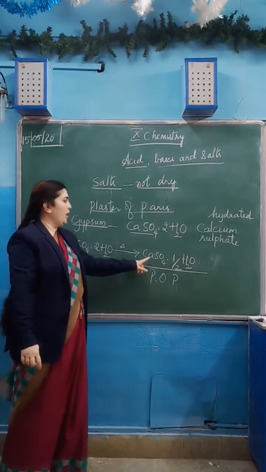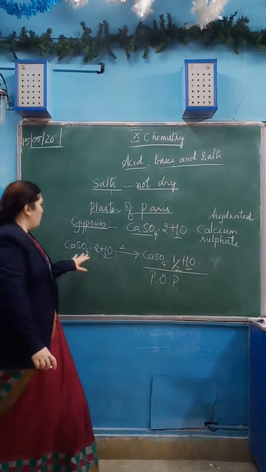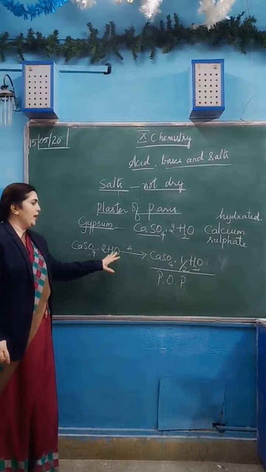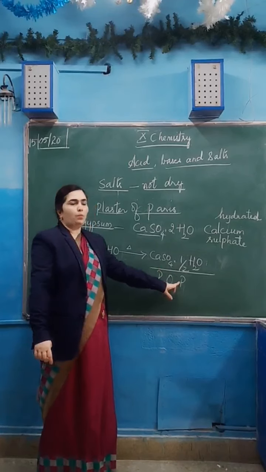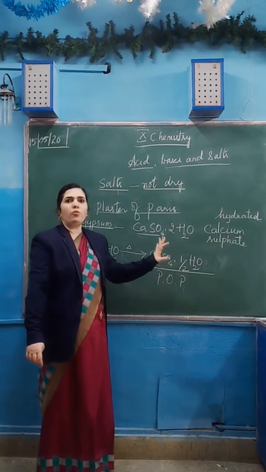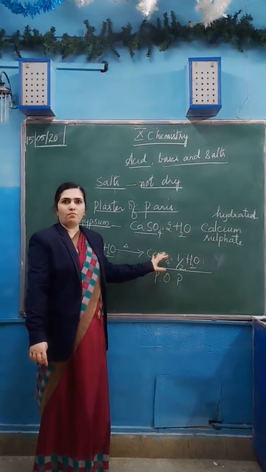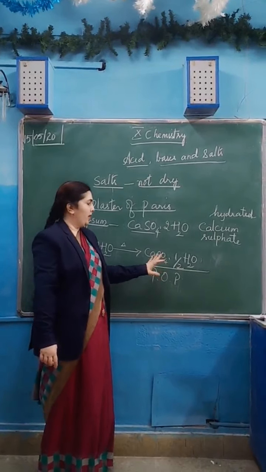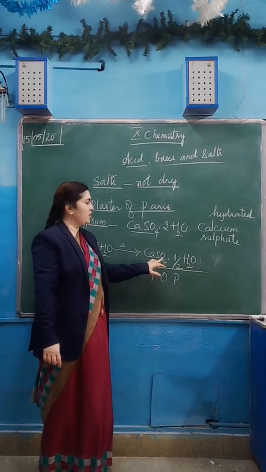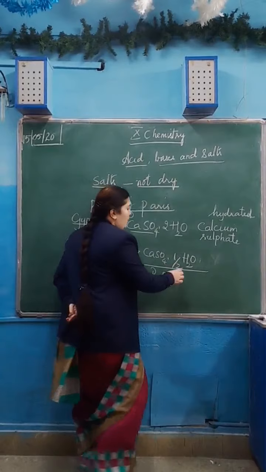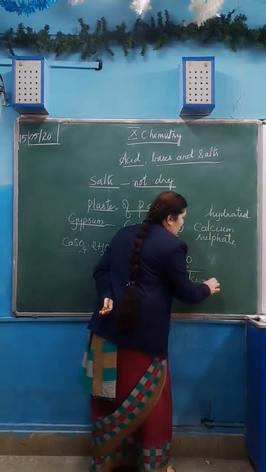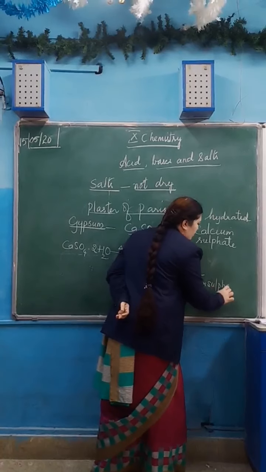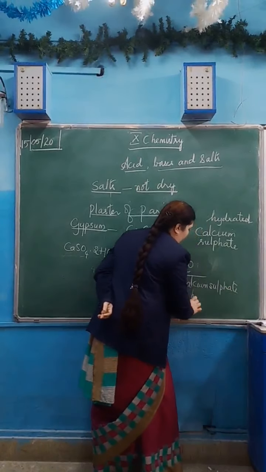From gypsum, when you are heating and removing water molecules, it will turn to plaster of Paris. Most of the water molecules will be removed, and it will become a dry powder. That is known as what? Calcium sulfate hemihydrate. Hemi means half.